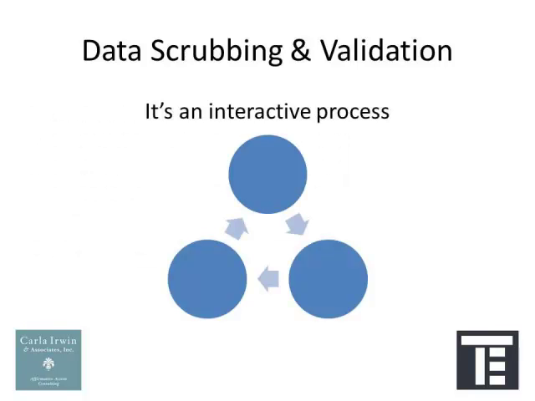Okay, so when it comes to data scrubbing and validation, as we've mentioned before, it's really an interactive process, and no data set, no matter how hard you try, is going to be 100% perfect 100% of the time. So it's really an interactive process between you and your consultants, whether you're working on an affirmative action plan, involved in an OFCCP investigation, or involved in litigation.